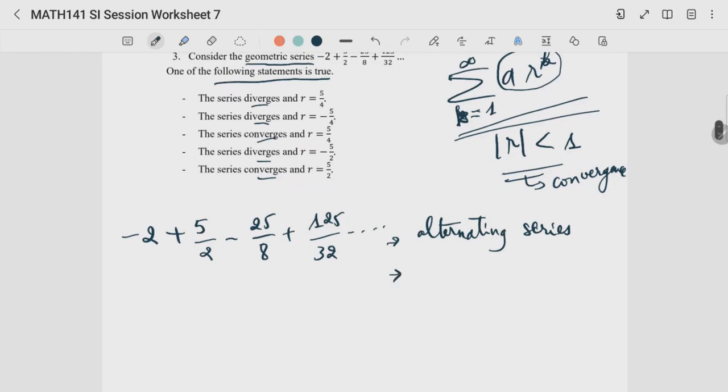The second observation that you can make is that whatever the general form of the series looks like, it has to have a factor of 2 there, right? Because you can see that the first term has 2, the second has 2 somewhere in the denominator, the third has 8, which is also a multiple of 2, and the fourth one has 32, which is a multiple of 2 as well.